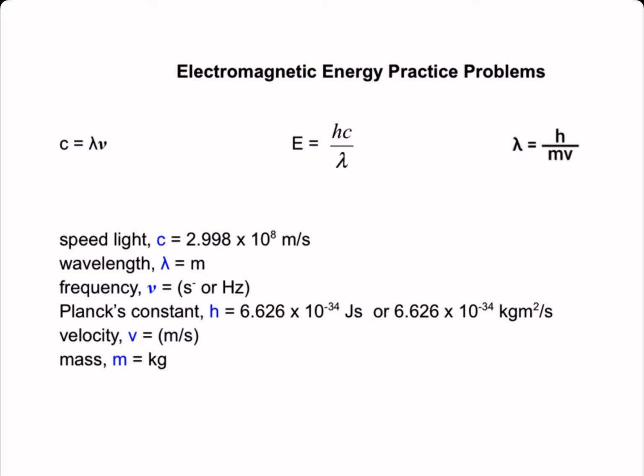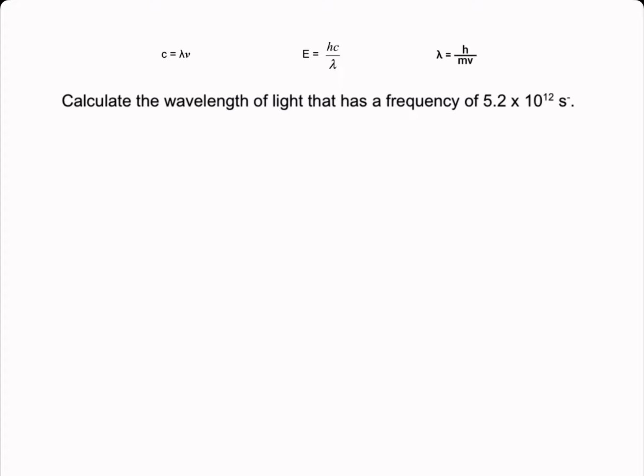Let's try an example. Calculate the wavelength of light that has a frequency of 5.2 times 10 to the 12th per seconds. Let's start off with our given. It's asking us to calculate the wavelength, so that's my question. And it has a frequency of 5.2 times 10 to the 12th per seconds.